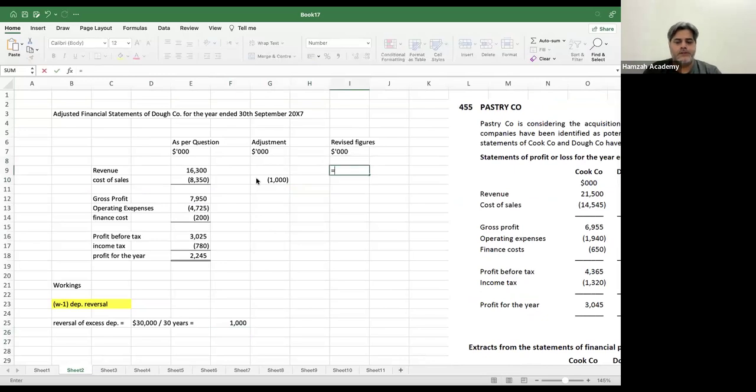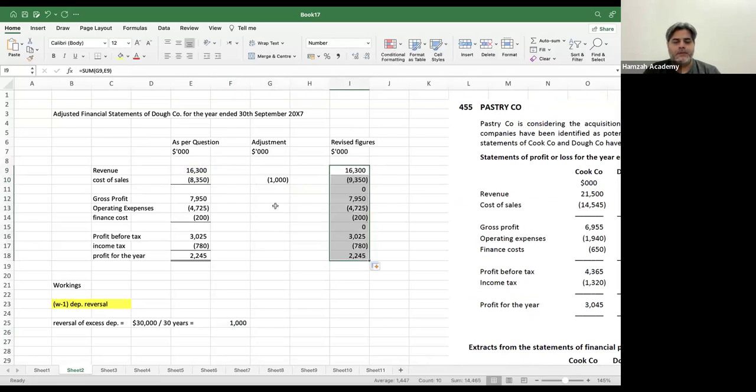And over here, this is going to be the sum of this and this. And then I will have the figures over here, right? This is going to be like this over here.